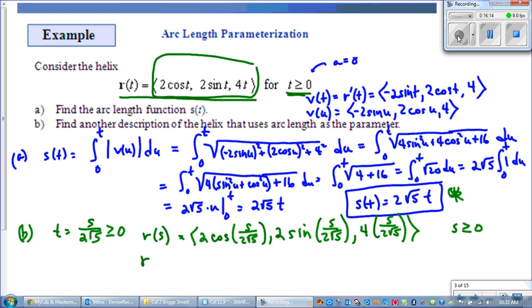And simplifying, not much you can do here. Try to distinguish between your s's and your 5s.